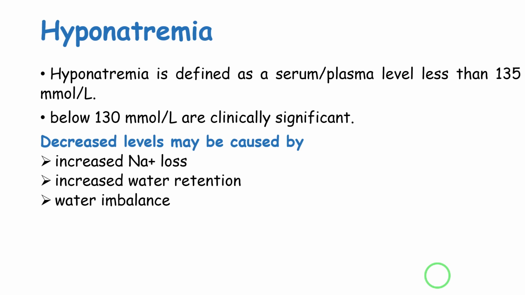Either we have increase in the sodium that is lost from the body, or there is water retention and there will be dilutional effect of the water. The sodium will be distributed over a larger volume of water that is retained, leading to hyponatremia. Or sometimes the hyponatremia may be secondary to water imbalance that occurs secondary to other conditions that lead to movement of sodium accompanied by water with it.